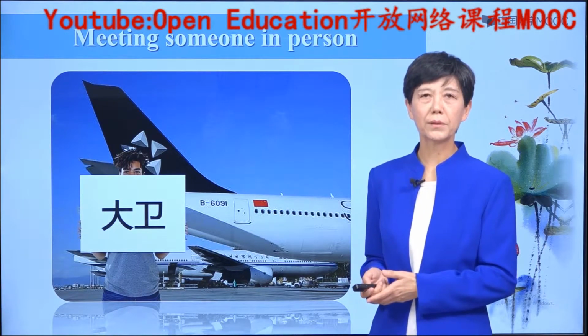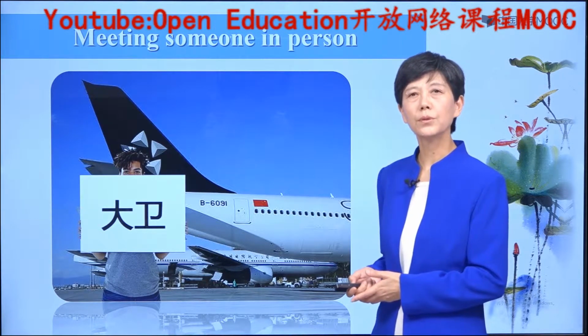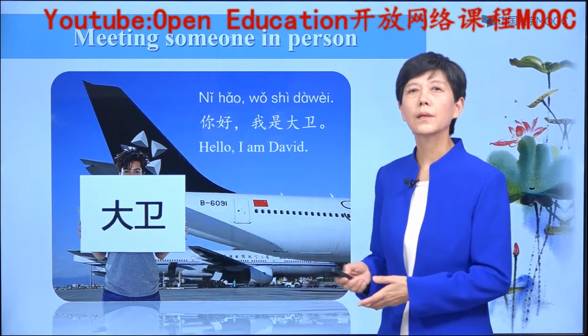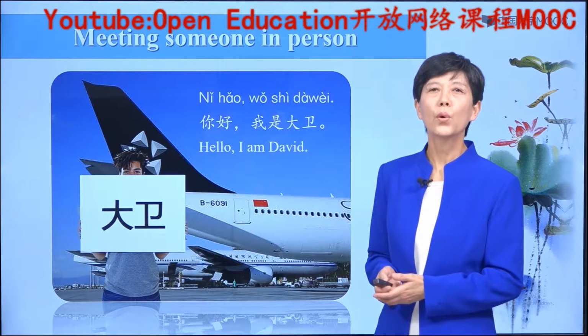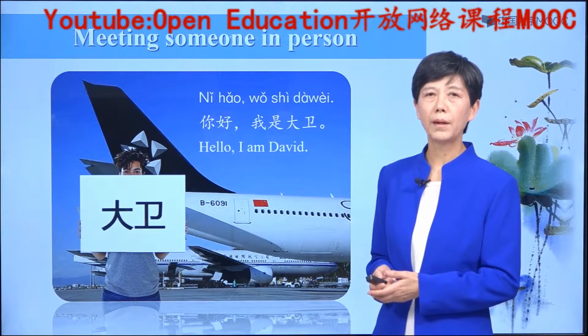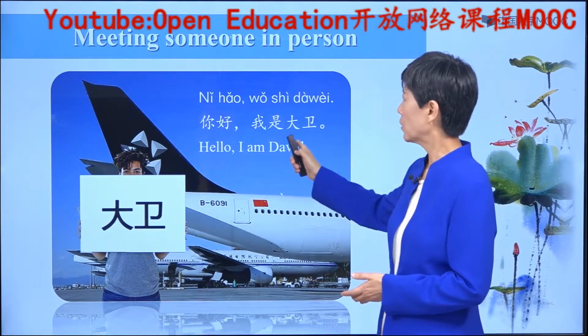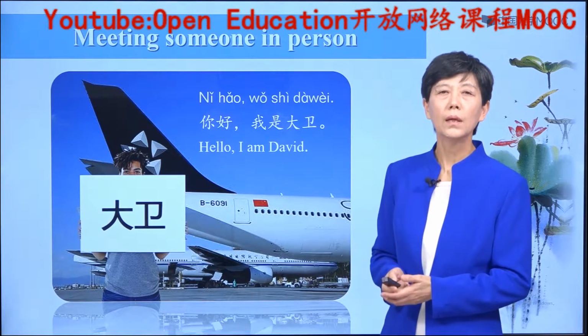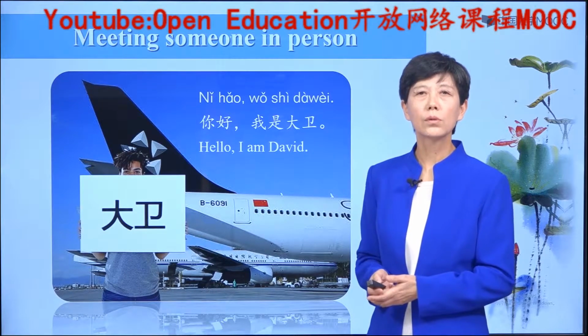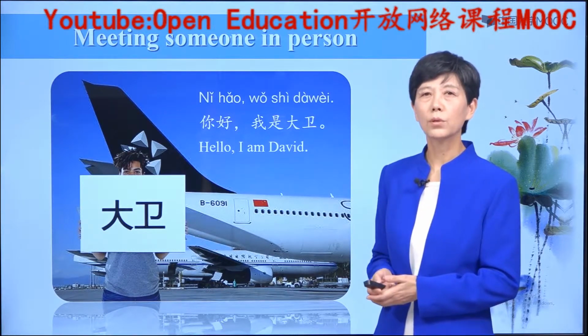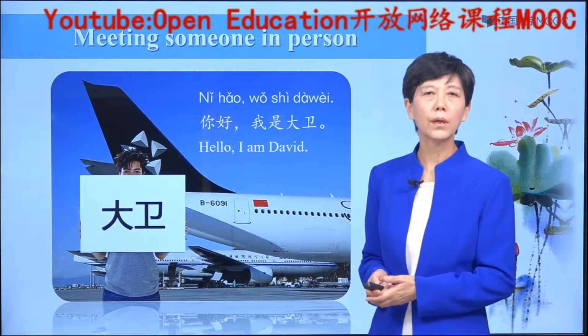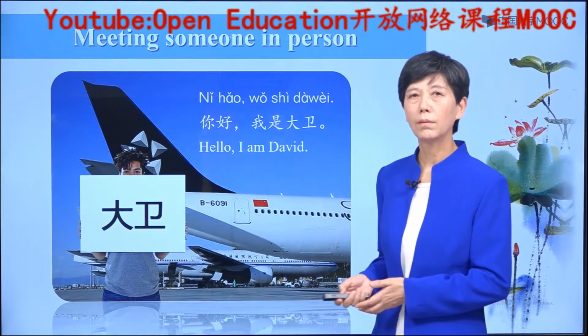In that case, how will you introduce yourself? Yes, in that case, we are going to use another pattern. 我是大卫. Here, 是 is sort of a verb. You can translate it into is or are.